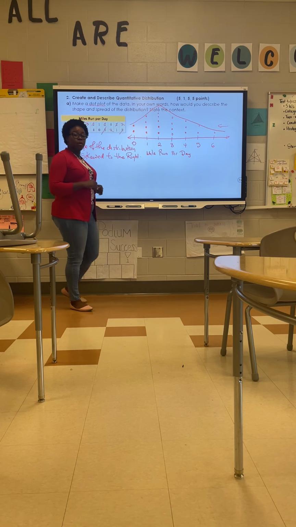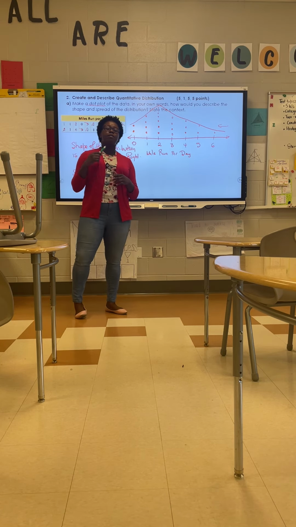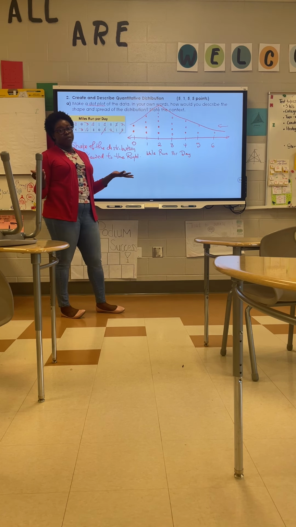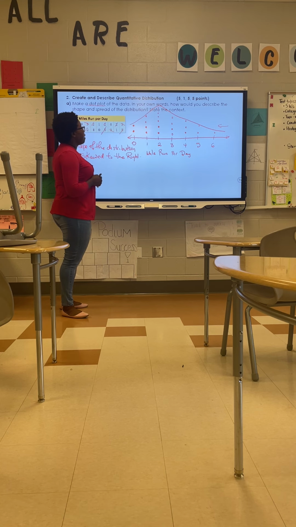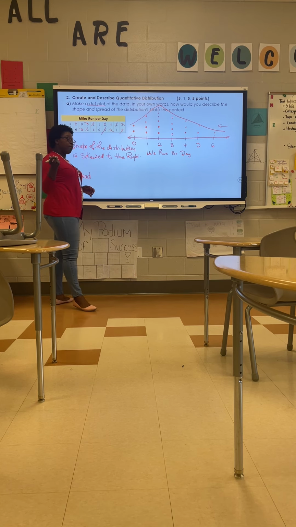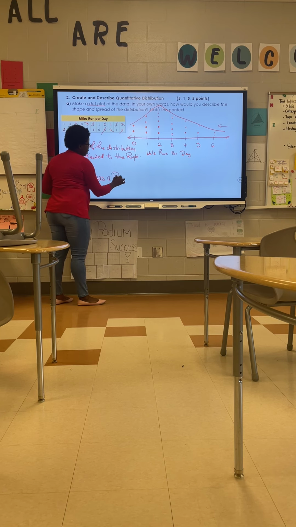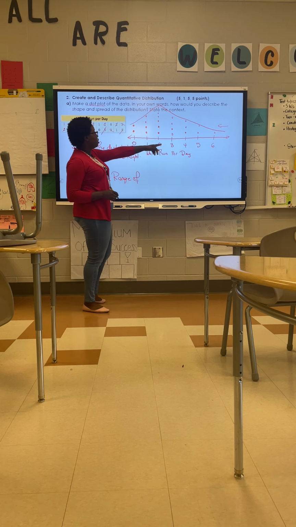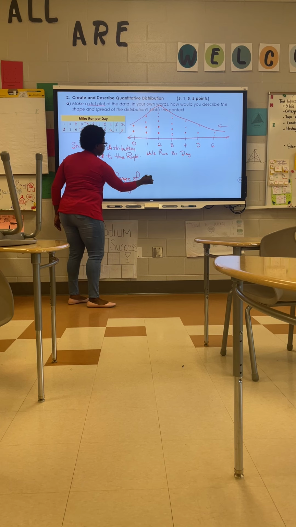Now the spread. If your data is skewed, you can describe the range or the interquartile range. I normally go for the simplest one because they mean the same thing, so I'm going to talk about the range in this. The spread has a range of, in this case, we look at the largest number, so it's 6 minus 0, which gives us 6.